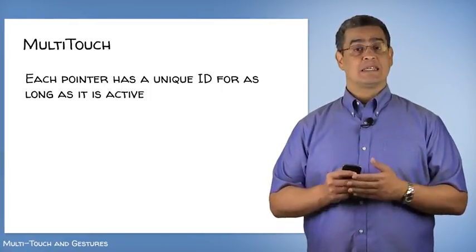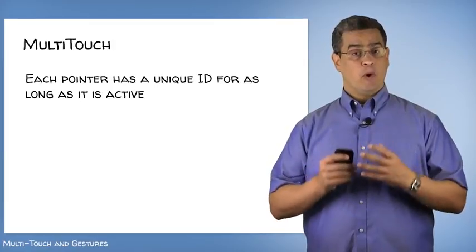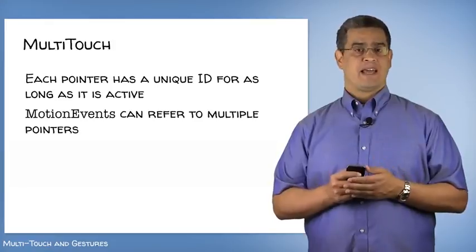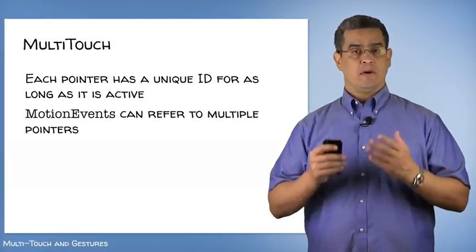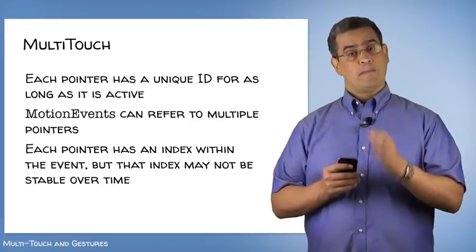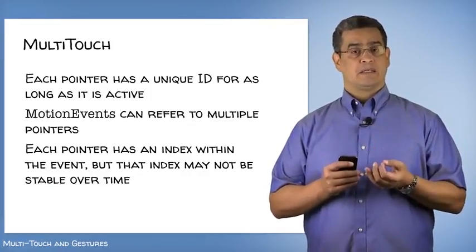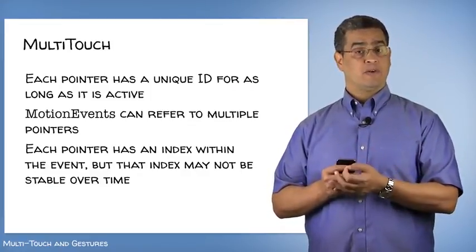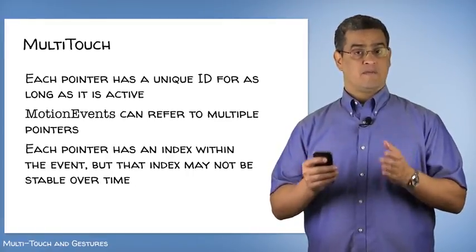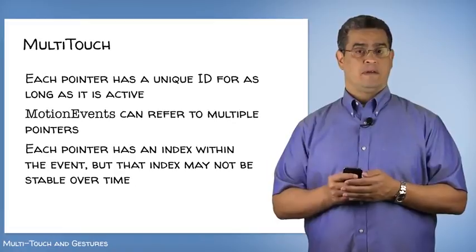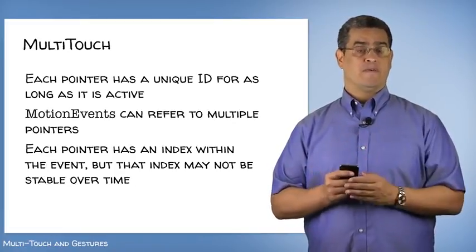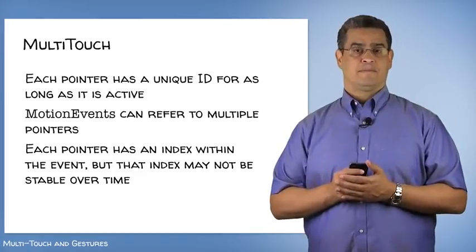In some cases, Android will group multiple pointers within a single motion event. And in that case, each pointer within the motion event can be accessed by its index. But be aware that that index is not the same as the pointer's ID. The pointer ID is constant for as long as the pointer is active. The index in which a pointer's data is stored, however, may not be.